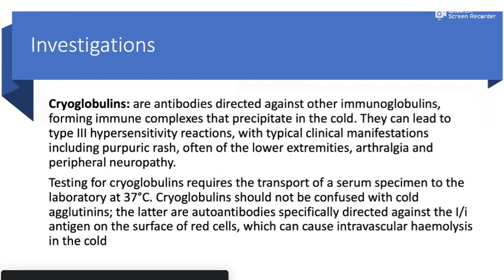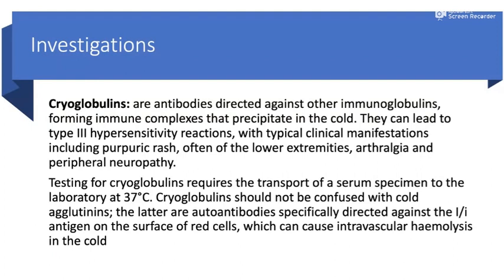Cryoglobulins, these are antibodies directed against other immunoglobulins. يعني antibody على الantibody. These form immune complexes and they precipitate in the cold temperature. They can lead to type 3 hypersensitivity reaction لأن هو immune complex حالة immune complex العادي with typical clinical manifestation including purpuric rash, often in the lower extremities and associated with arthralgia and peripheral neuropathy.